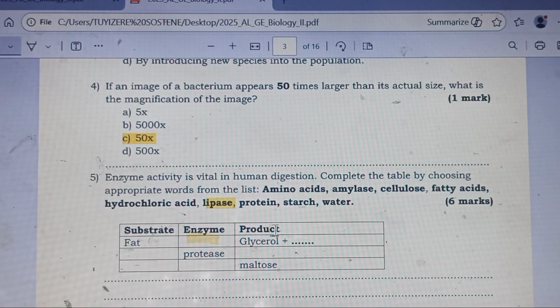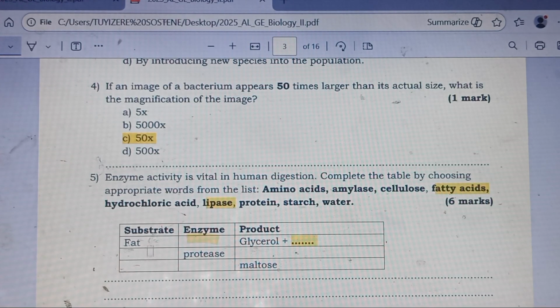The product here you may add is fatty acid. So you may choose fatty acid corresponding to that space.